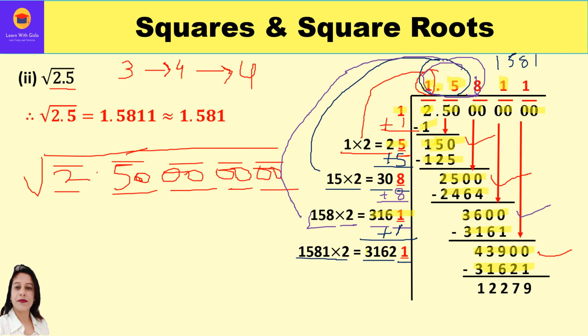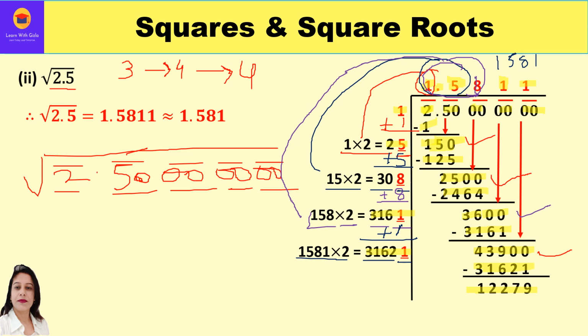So basically my divisor was 3162, my quotient was 1 and I got the product 31621. Now the difference is 12,279. This is my remainder. I can continue for more, but then I need more periods because for that I need more pairs, right? But we don't require, we want only till 4 decimal places.